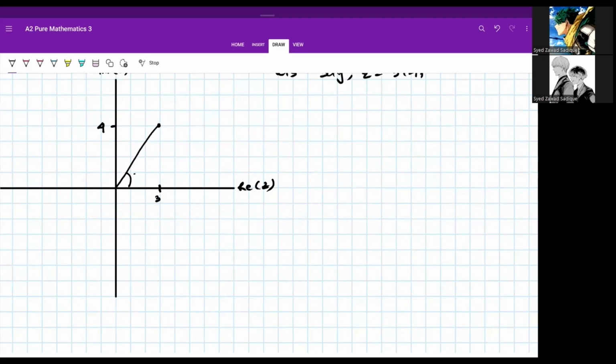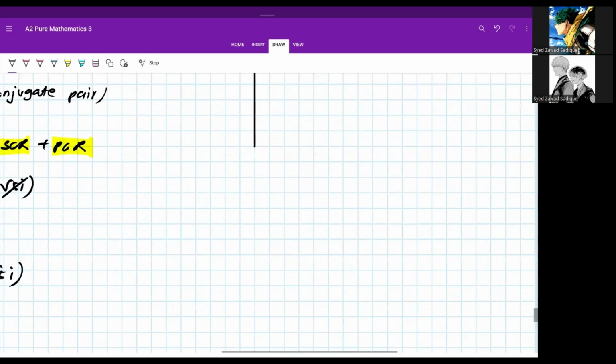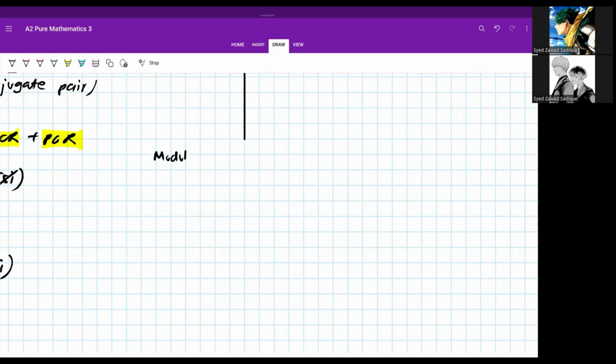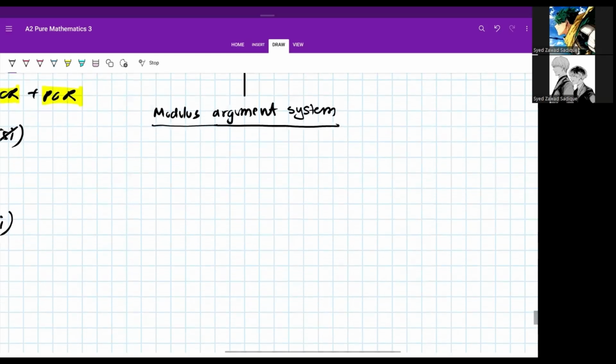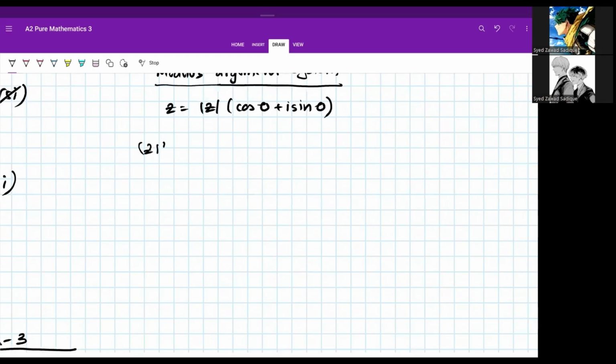And this is theta. So the modulus argument system. We say z is equal to modulus of z times cos theta plus i sine theta, where you can find the modulus of z.